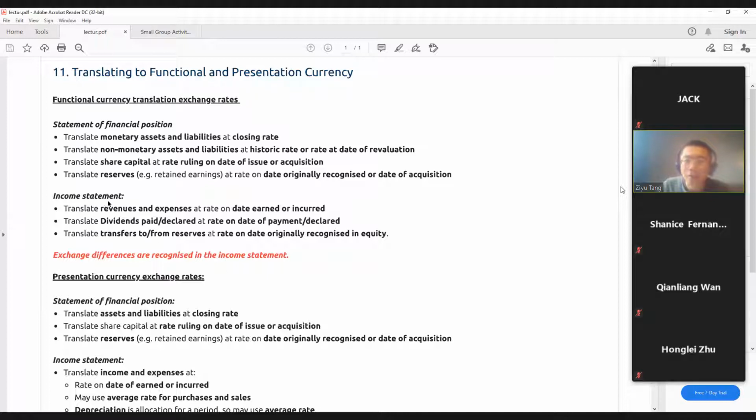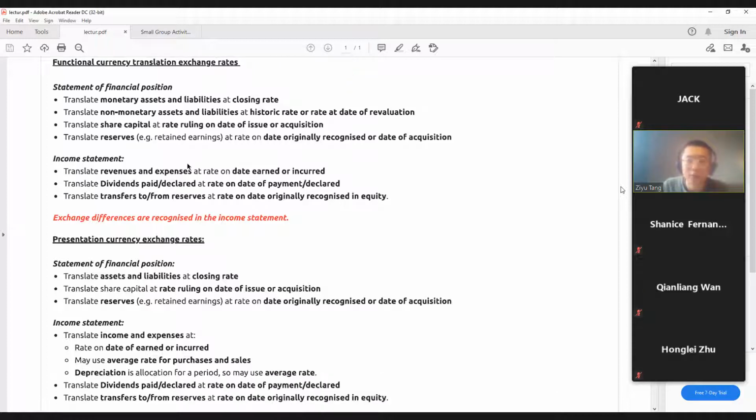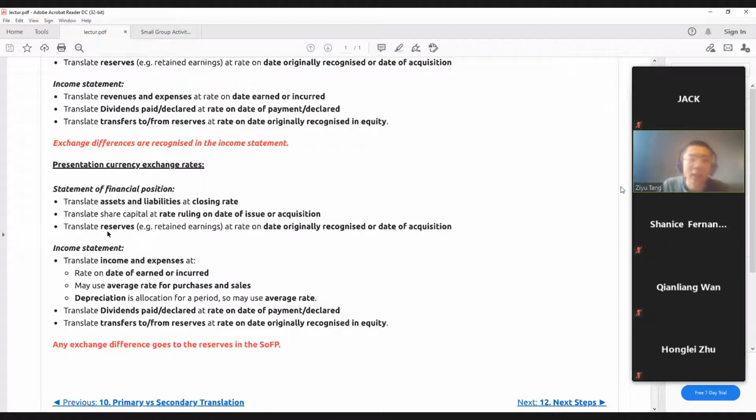For the income statement, translate revenue and expenses at the rate on the date earned or incurred. So these three are the same, but in the net investment method, it has a specific detail that depreciation is allocated for a period, so may use average rate.